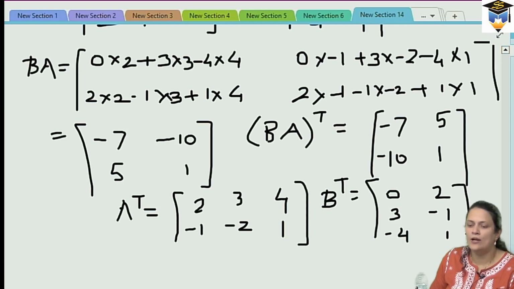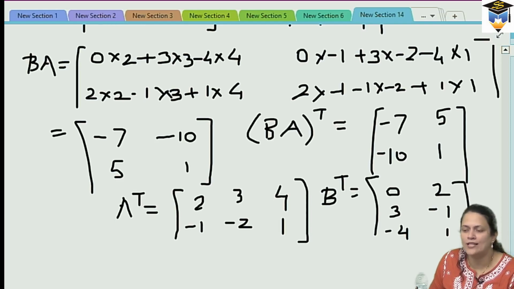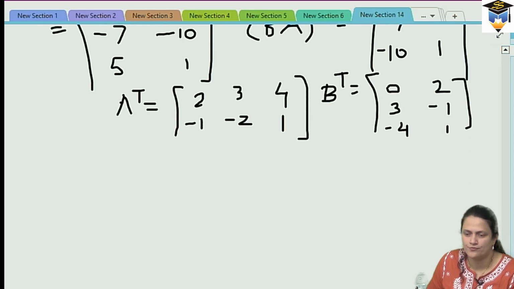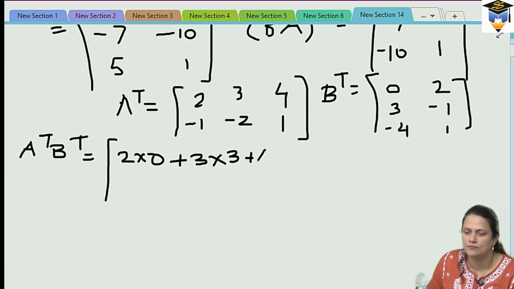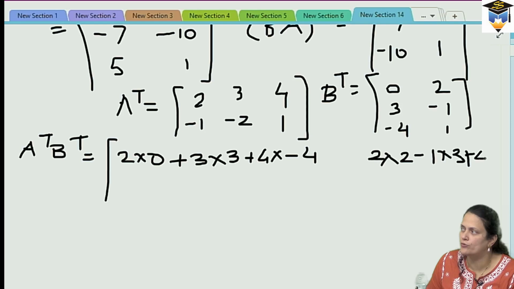Now let us multiply A transpose into B transpose. So take first row first column, then first row second column, plus it is 4 into 1, that is 4.